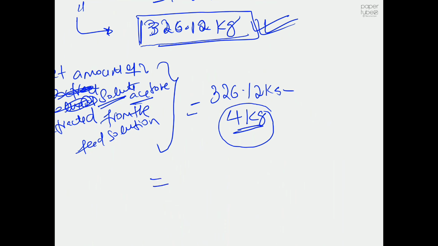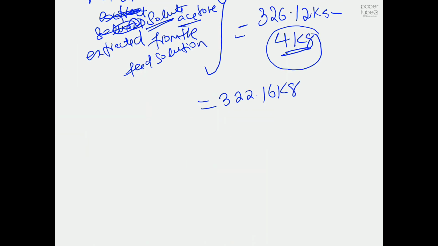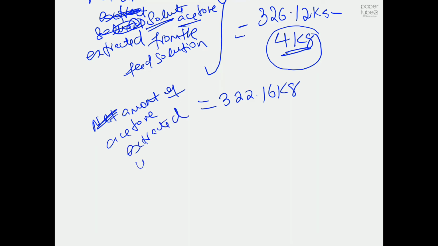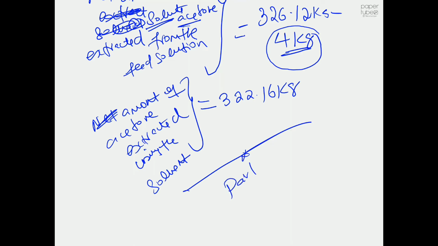So the net mass will be equal to this minus 4, which equals 322.12 kilograms. So what is this? The net amount of acetone, or the amount of acetone extracted using the solvent. So that completes part A of your question.